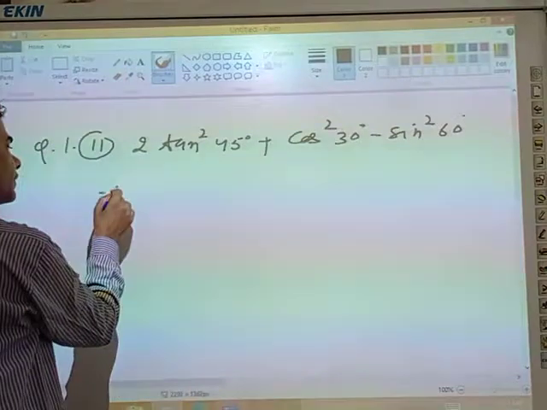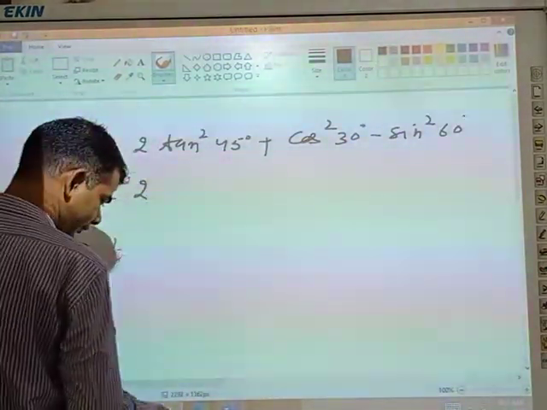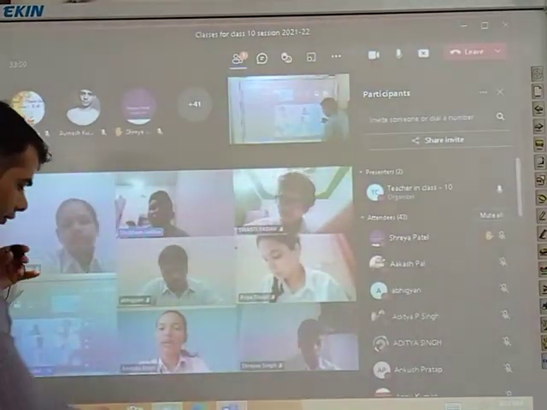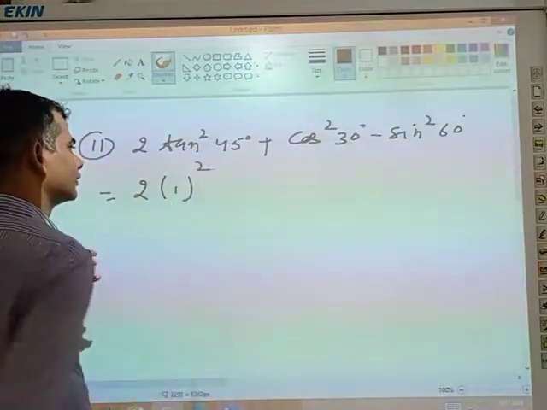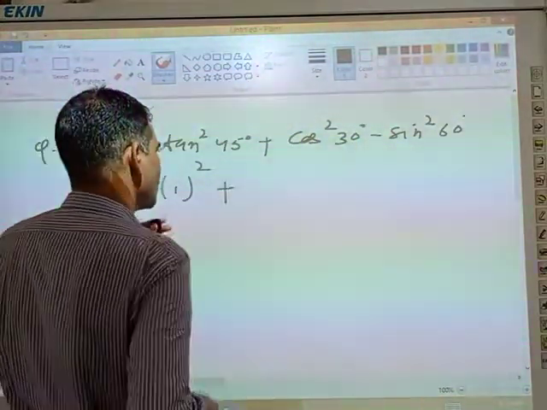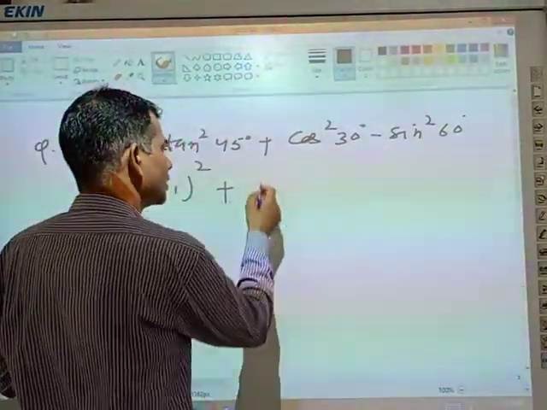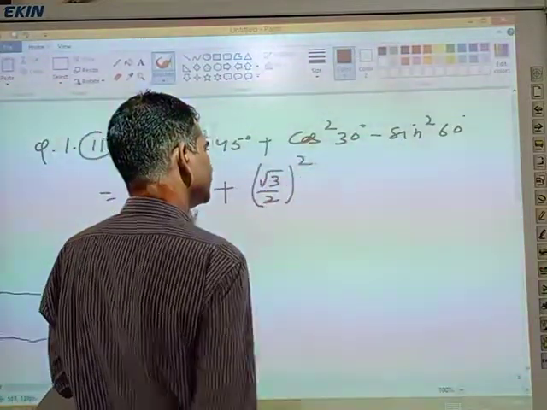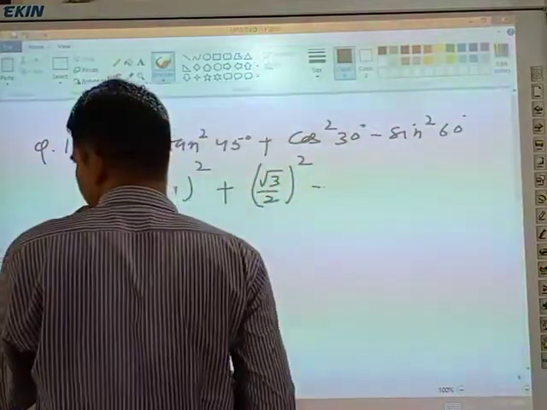What is the value of tan 45 degree? 1. That is 1 square. What is the value of cos 30? Root 3 upon 2 square, minus, what is the value of sin 60?